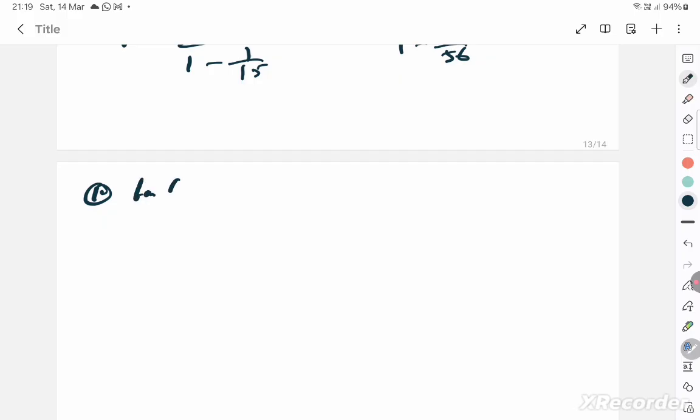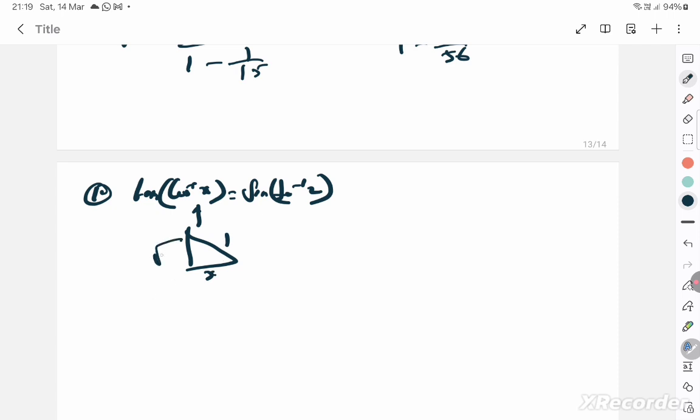Tan of cos inverse of x is equal to sine of tan inverse of 2. So the question is tan of cos inverse of x. I would like to convert this into tan inverse, and I can simply do adjacent, so this is root of 1 minus x square, and tan inverse of root of 1 minus x square by x is equal to, this is sine, so convert tan to sine.